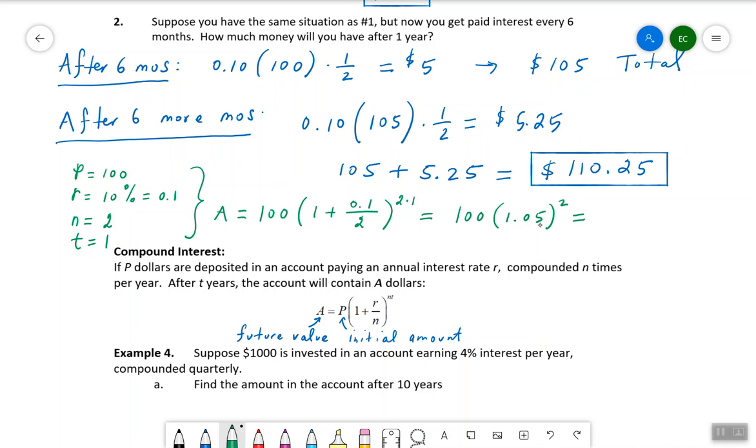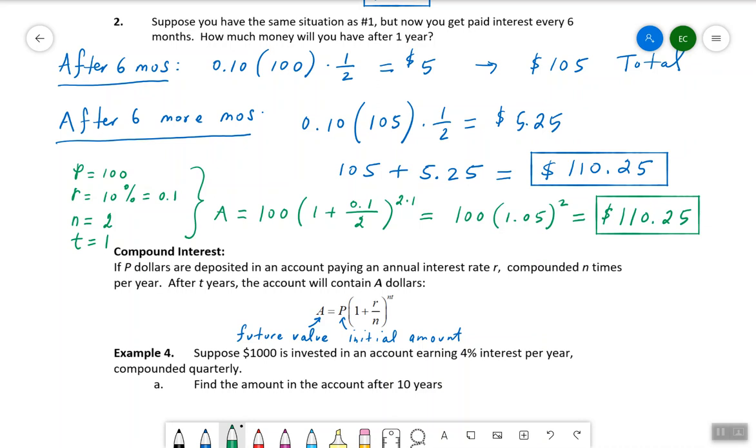But if we square 1.05 and then we multiply that by 100, check on your calculator and make sure you get $110.25. Make sure that you're only squaring 1.05. The 100 is not getting squared, right? So order of operations says we apply the exponent before the multiplication out in front.